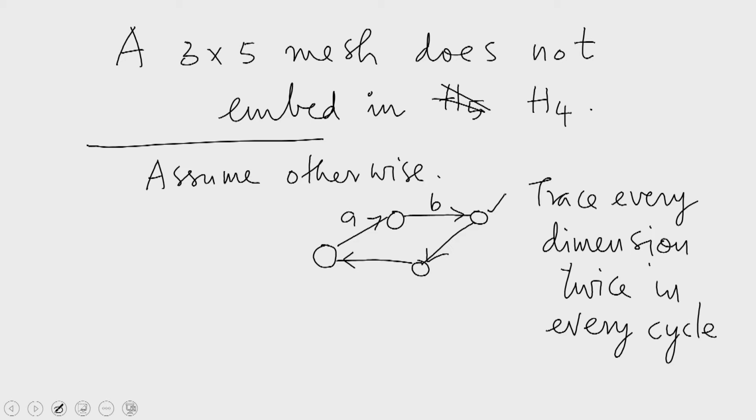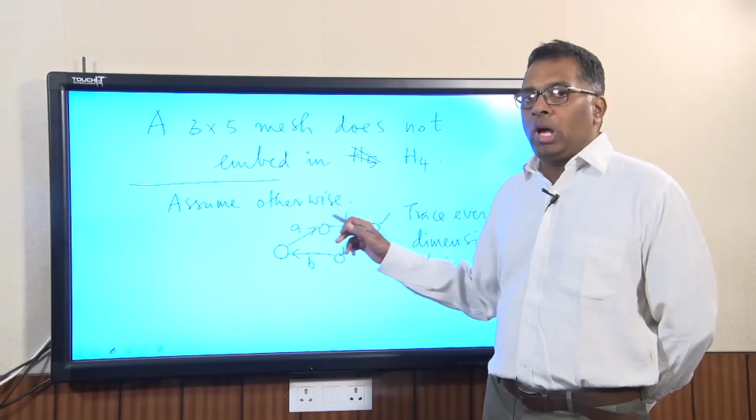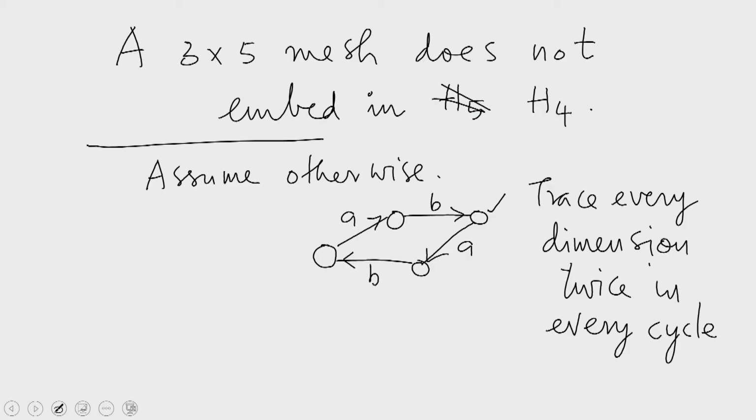Therefore, it is not possible to trace another b dimensional edge from this vertex. Therefore, all you can do is to take a dimension a edge from here and then complete the loop with a dimension b edge. Therefore, if you take any 4 cycle in a hypercube, you find that 2 dimensions alternate, ABAB. This is the only way you can have a 4 cycle in a hypercube.